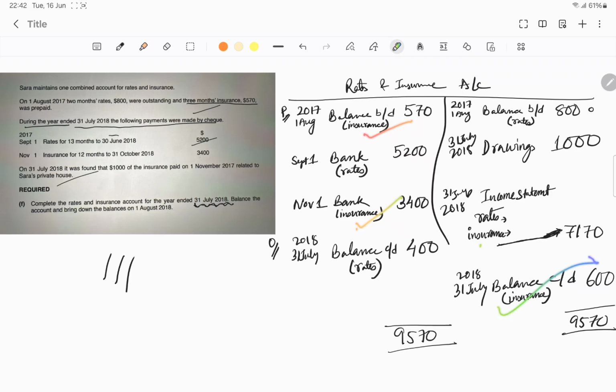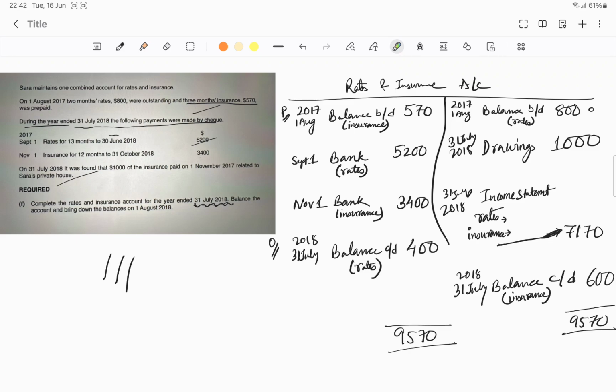So 570 plus 3400 minus 600 gives 3370. Well, it is not 3370.